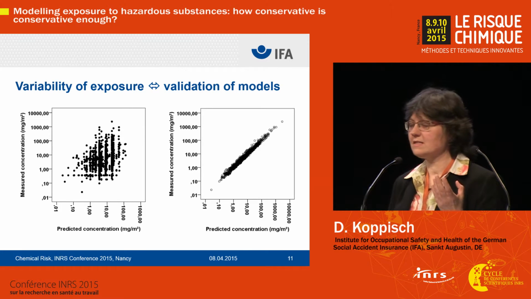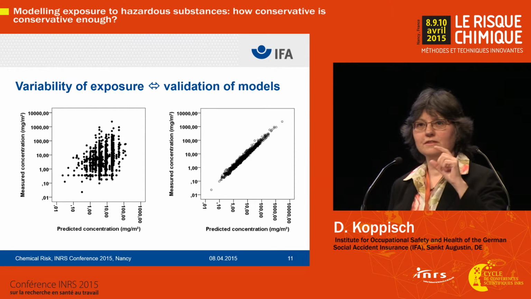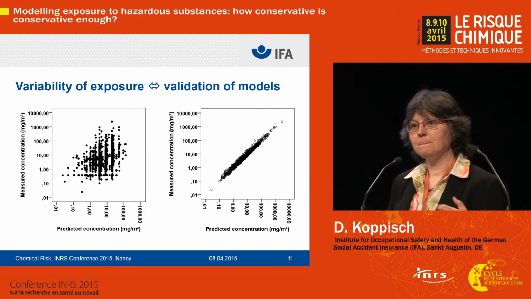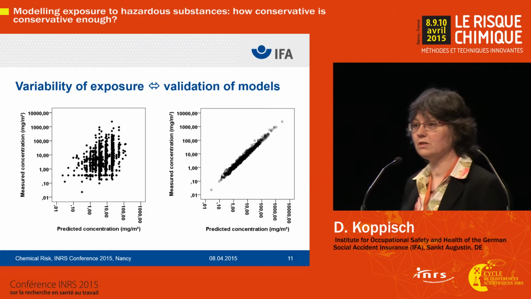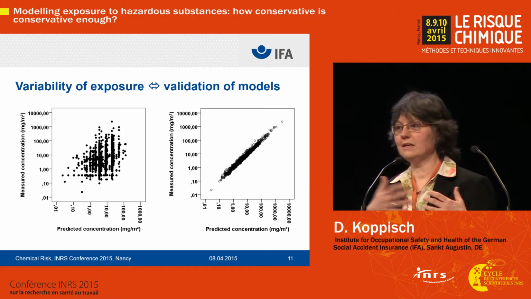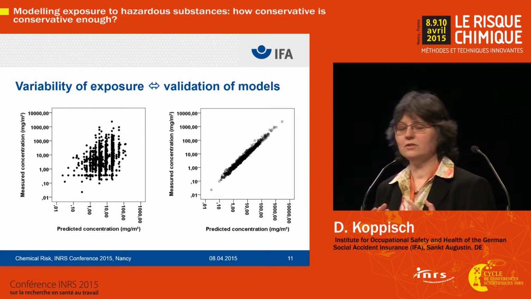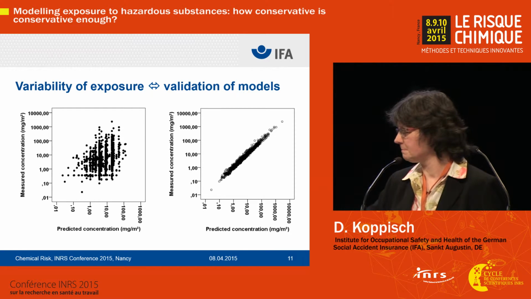But I want to stress that in the real world, we don't have these situations without variability. So I would say in the real world, we have a situation like this. If you look at papers on validation of models, and they don't have only numbers on correlations but also pictures of the measurement values, you will always find pictures like the one on the left side.